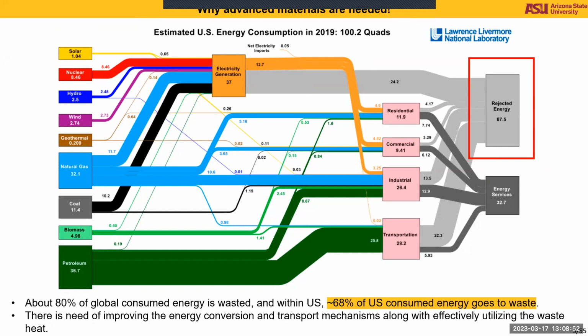But on the extreme side, we can see about 68% of the total generated energy is wasted. Globally, this number is about 80%. So there is really a need of improving energy conversion and transport mechanisms. And we believe that the practical realization of advanced materials could help us reduce the wasted energy.